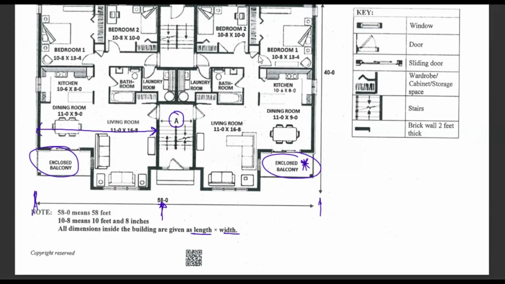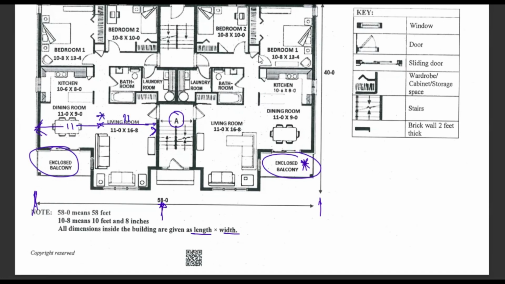So the dining room, it's 11 by 9. The living room is 11 by 16. So that means we are getting the 11 here and another 11 when we add them up.